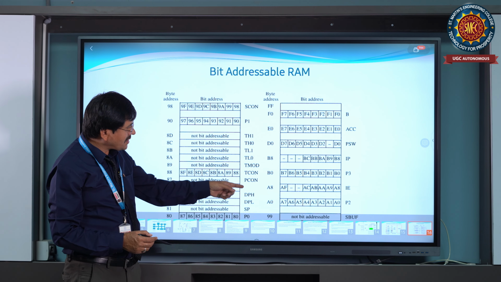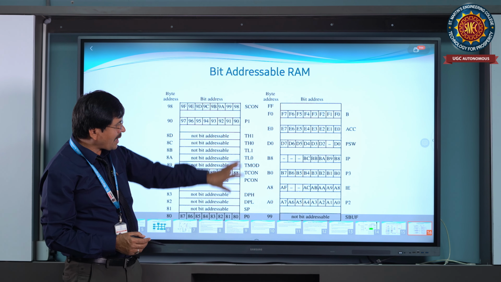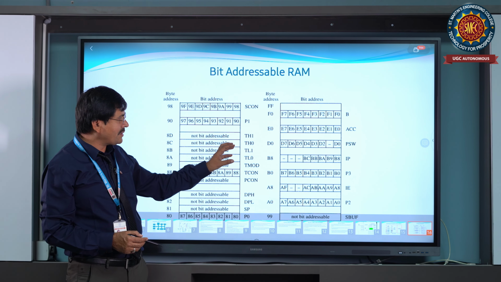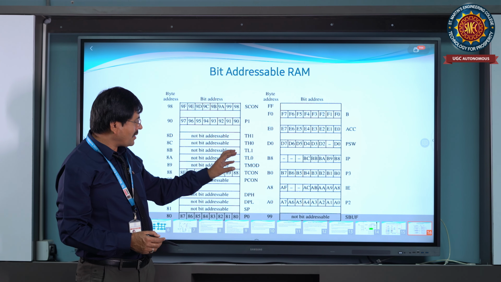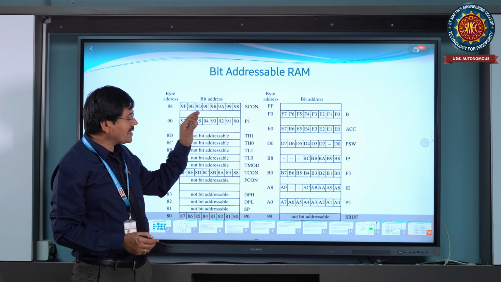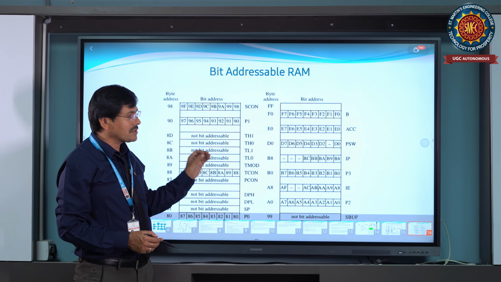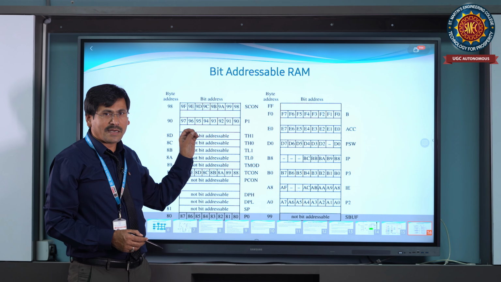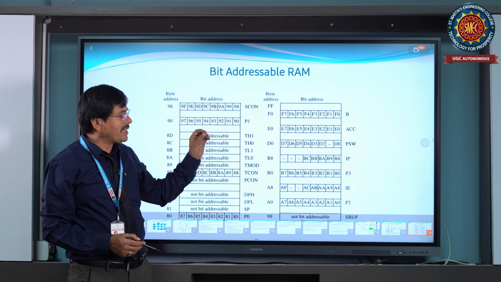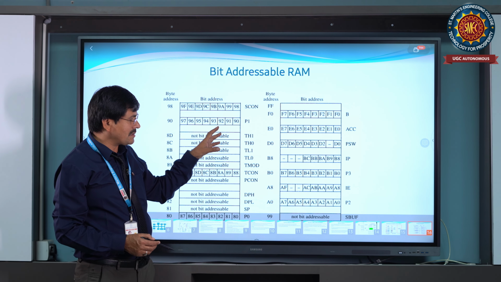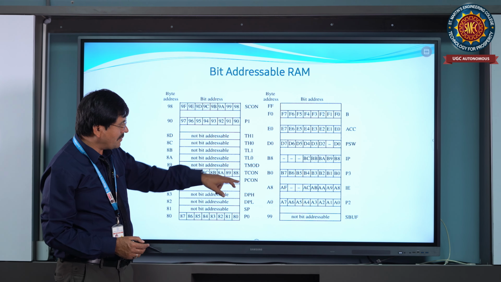All the special function registers, this is a complete programming model, and we should have knowledge of the programming model. When you are going to design code for particular applications, you have to mention the direct and indirect addresses of the ports and registers. So this is a programming model.